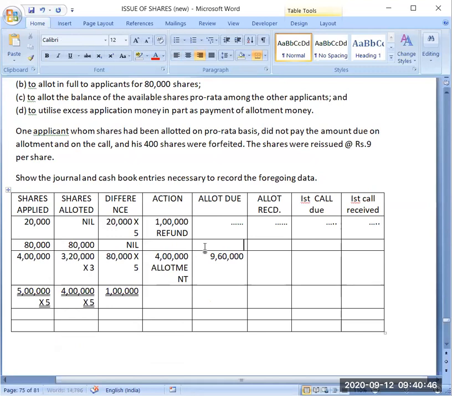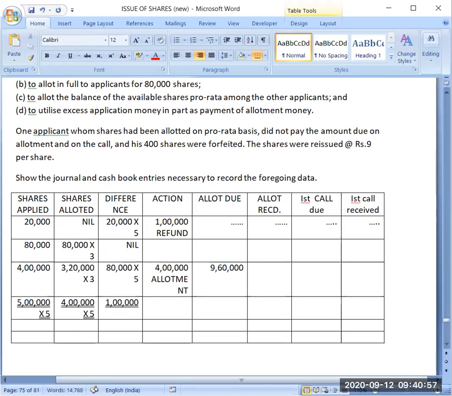Now for this category, how much amount will be due on allotment? 80,000 multiplied by 3. So they will pay us the full amount, 2,40,000, and they will pay us 5,60,000. I hope this is clear to each and everyone.